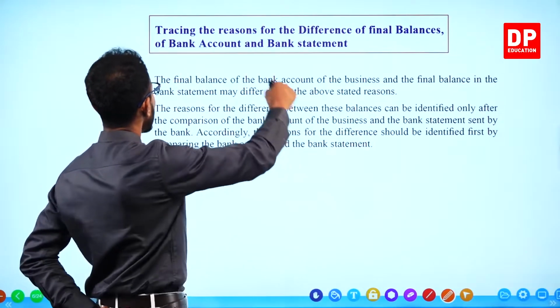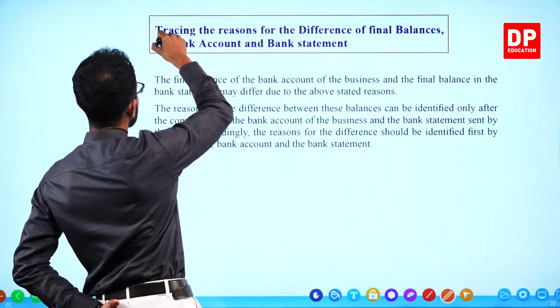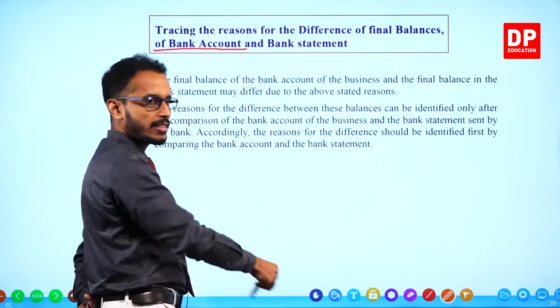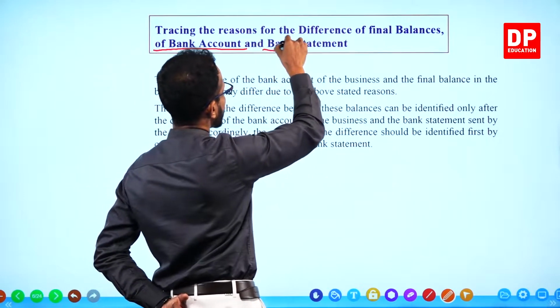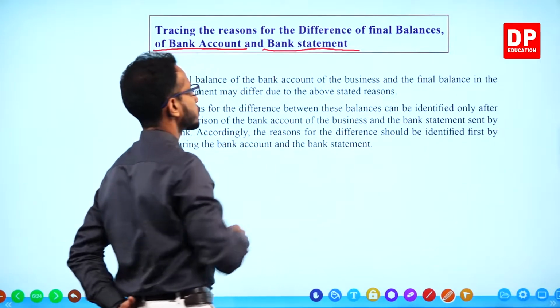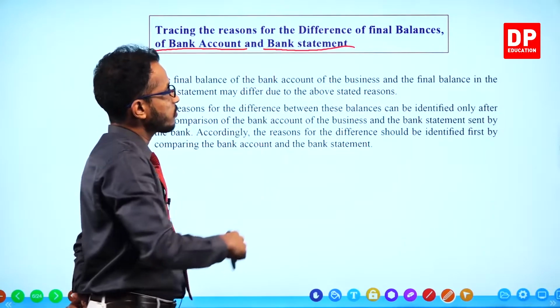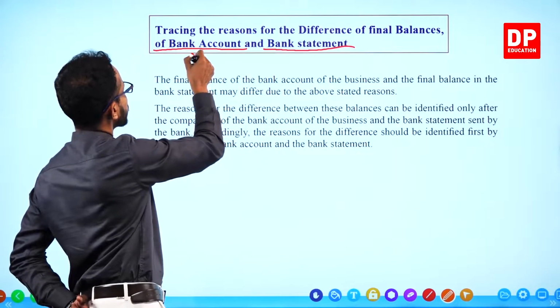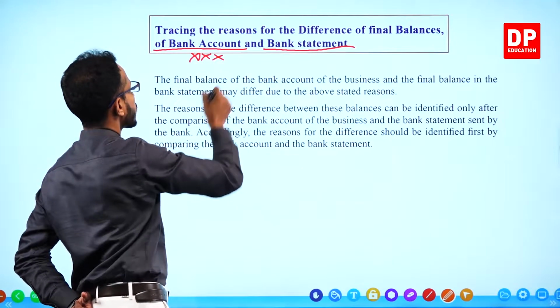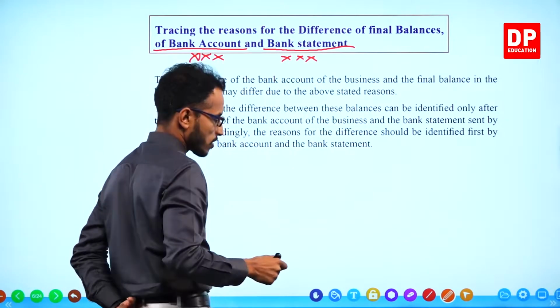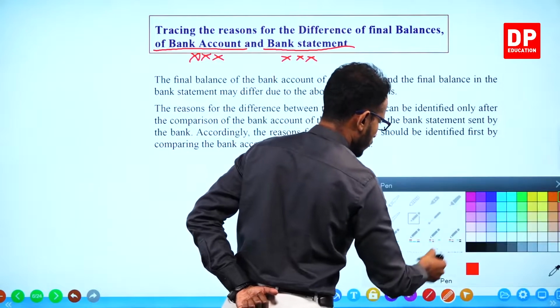Final balances of the bank account and the final balance of the bank statement. The final balance of the bank account differs from the final balance of the bank statement.